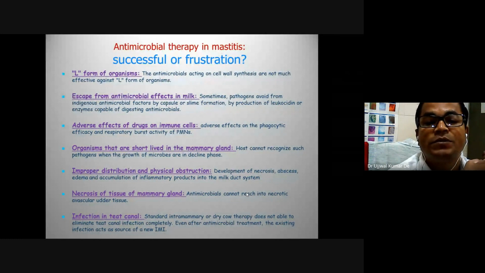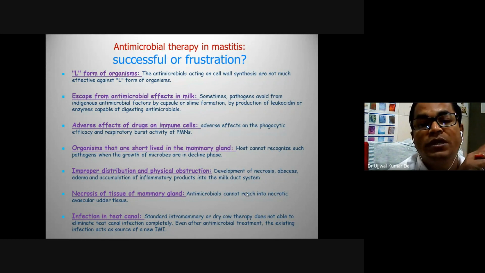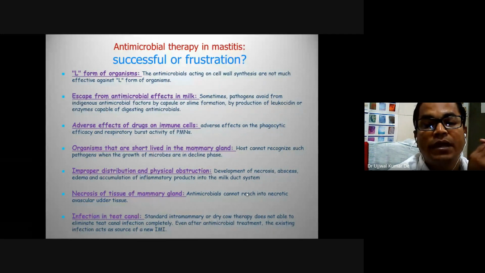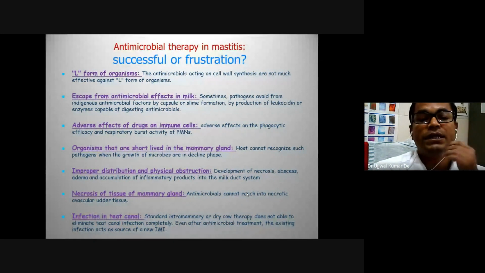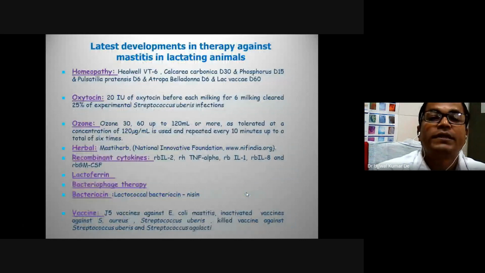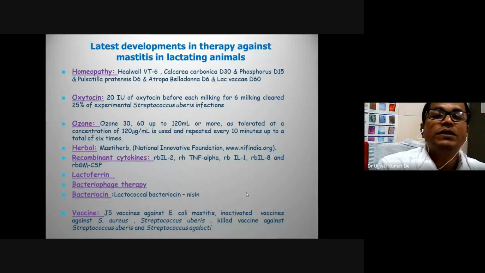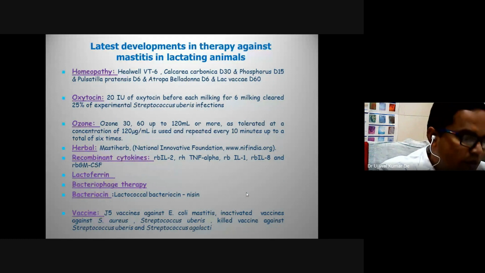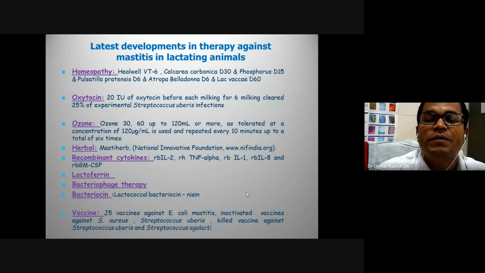Physical obstruction, such as teat stenosis, means the drug will not reach. Milk is passively involved in drug distribution. Focal necrosis in the mammary gland means the drug cannot distribute properly or the antimicrobial cannot work properly. Infection in the deep canal is also another reason. So these are the different factors why antibiotics sometimes fail in mastitis.